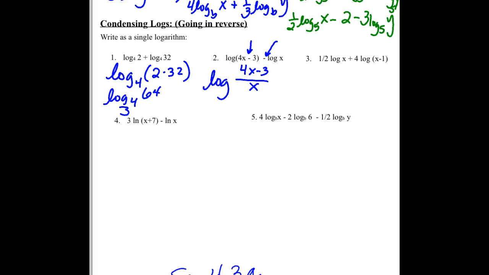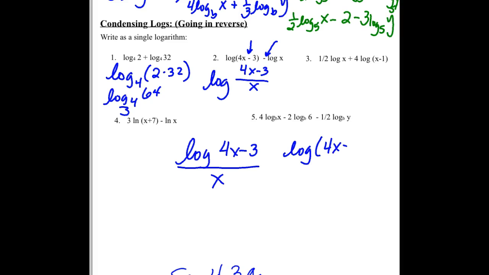Now I want to be really clear on how I wrote that. If you write it like this, that would be wrong. I'm not taking the log of something and then dividing that answer by x. I'm taking the log of something that is being divided by an x. Okay? Don't write it like this.